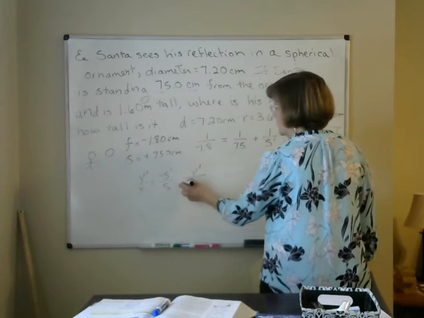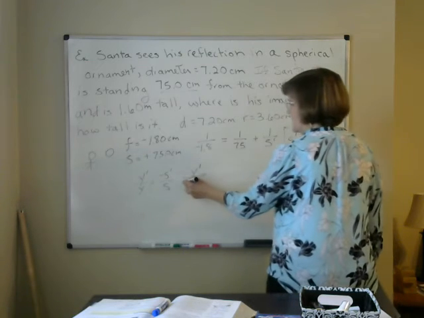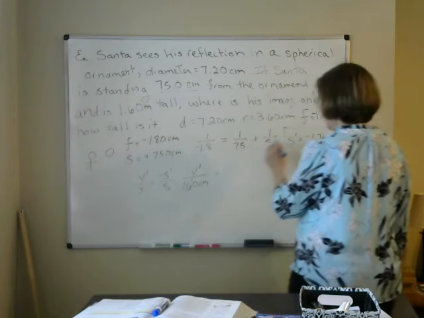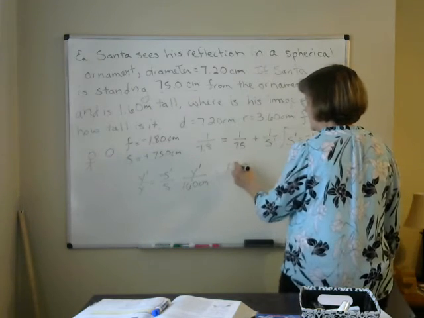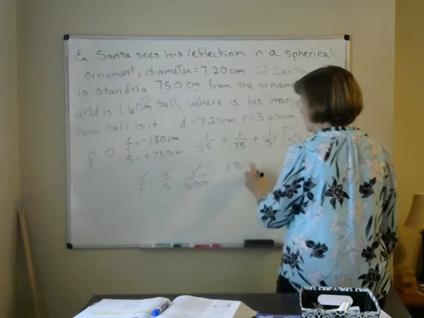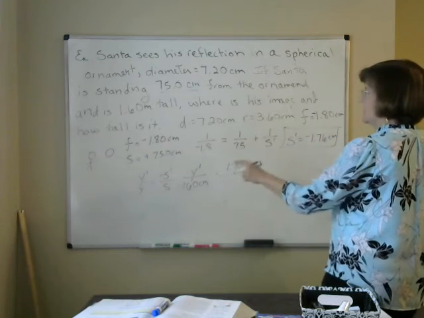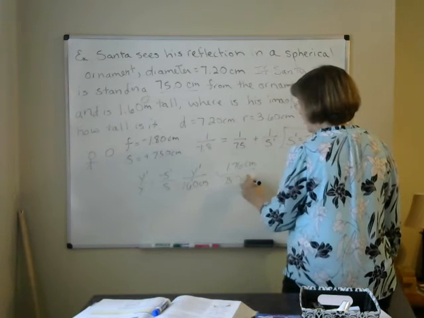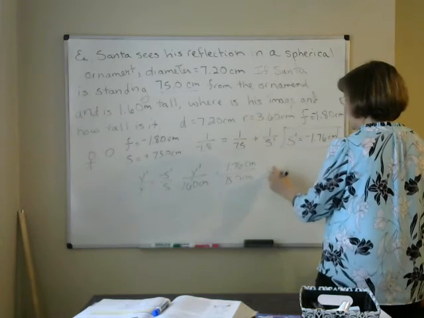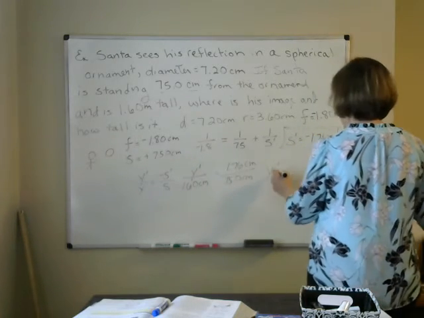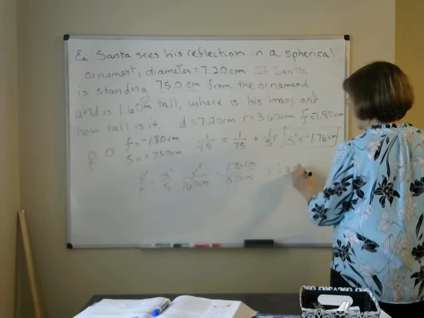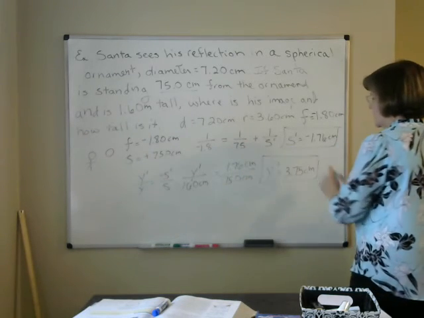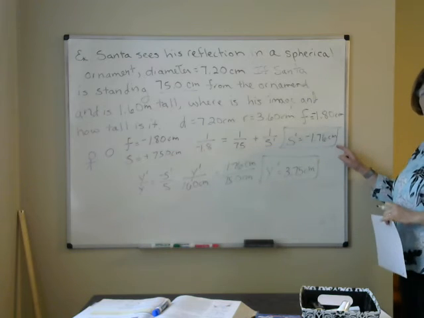He's 160 centimeters. Negative S prime is 1.76 centimeters. S was 75 centimeters. And Y prime comes out to be 3.75 centimeters. So he sees a little teeny tiny Santa Claus.